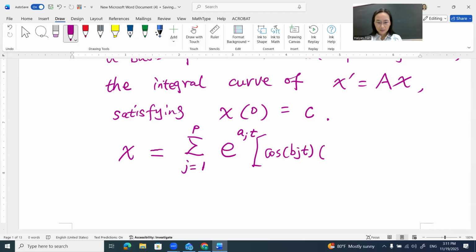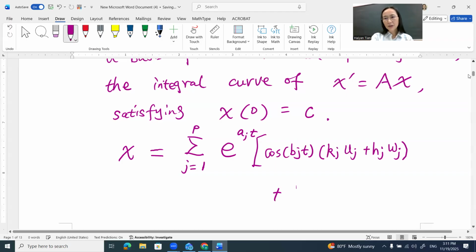And then multiplied by a certain constant k_j, u_j. u_j is a vector. u_j is the real part of the eigenvector. h_j, w_j. w_j is a vector. w_j is the imaginary part of the eigenvector v_j. So we have one part, but I still need one more part to show.